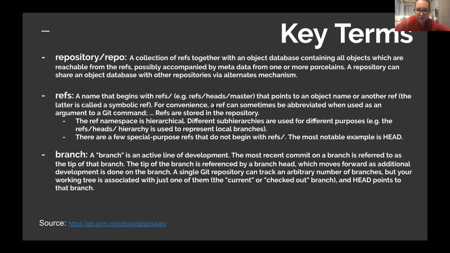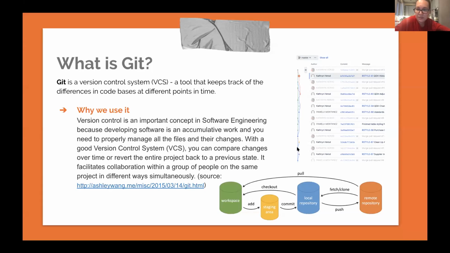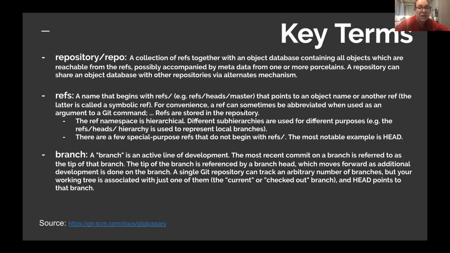But these refs that they're talking about is a reference point in history. So when we saw those branches before, maybe on one of these branches you have multiple little dots, so multiple commits. Well, when it was talking about the head, that means the very top of that branch. So the head, or the reference point that it's talking about here, is at the tip top. I never knew that before yesterday when I looked all this up.